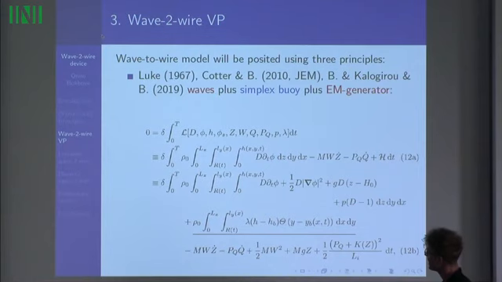Now this is a field. This is the pseudo density or scale density. This is the velocity potential, and they're functions of x, y, z, and t. Now these are fields which are only functions of the horizontal coordinates x, y, and t. This is the position of the buoy and the velocity, so it's just a function of time.